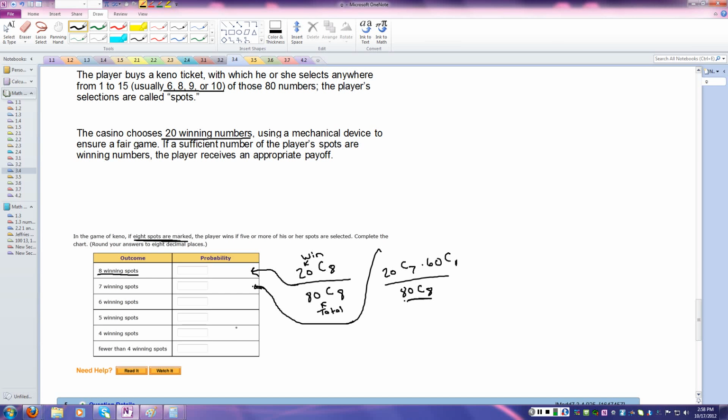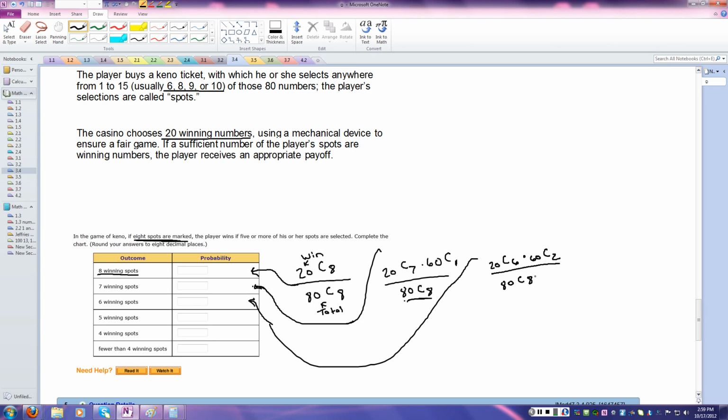Now let's look at 6 winning spots. So for the 6th winning spot, I would have 20 choose 6 times 60 choose 2 over 80 choose 8. I might recommend that you get a scientific calculator for this section. I actually don't have one because I got it today.